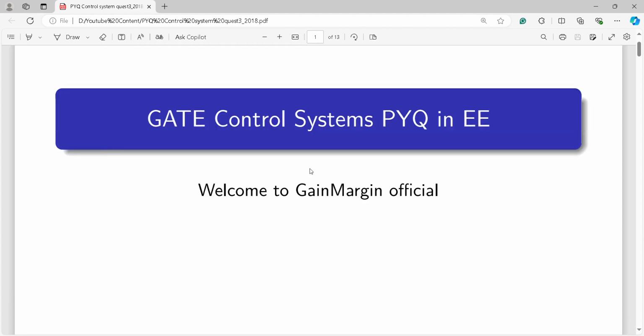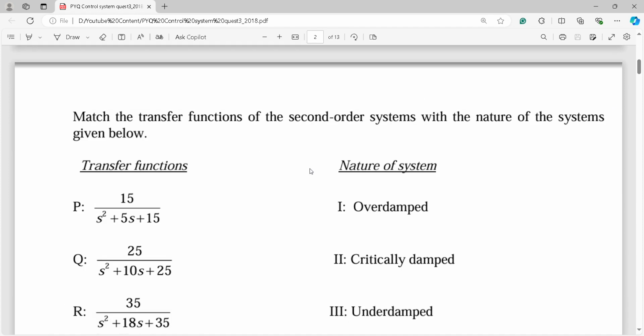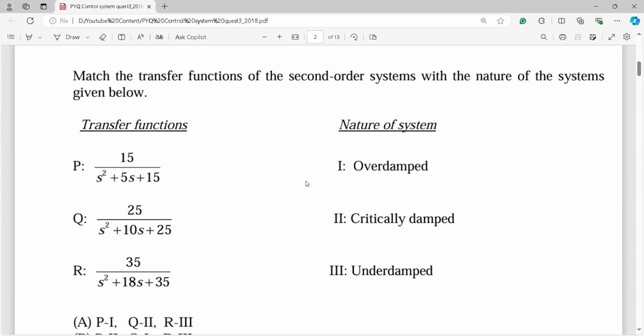So here we are going to take one more question asked in the GATE exam. This question is related to fundamentals of control system.